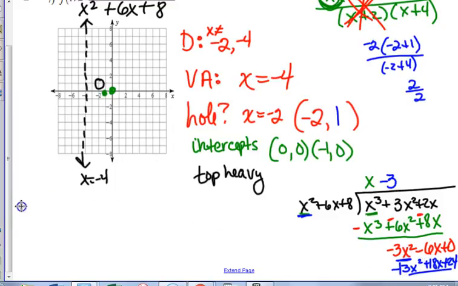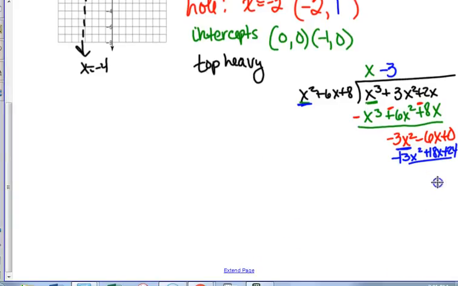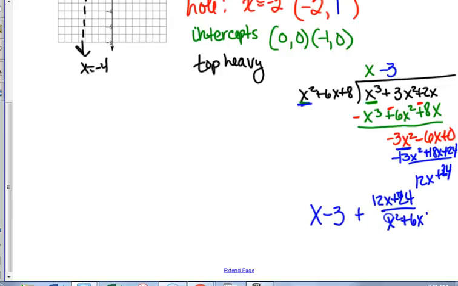Okay, if this was a long division question on the test, we would want to get, I think it's 12x plus 24. And just to clarify for the test, you would write x minus 3 was our answer, plus there's a 12x plus 24 that still has a divisor of x squared plus 6x plus 8. It's the remainder over this guy.